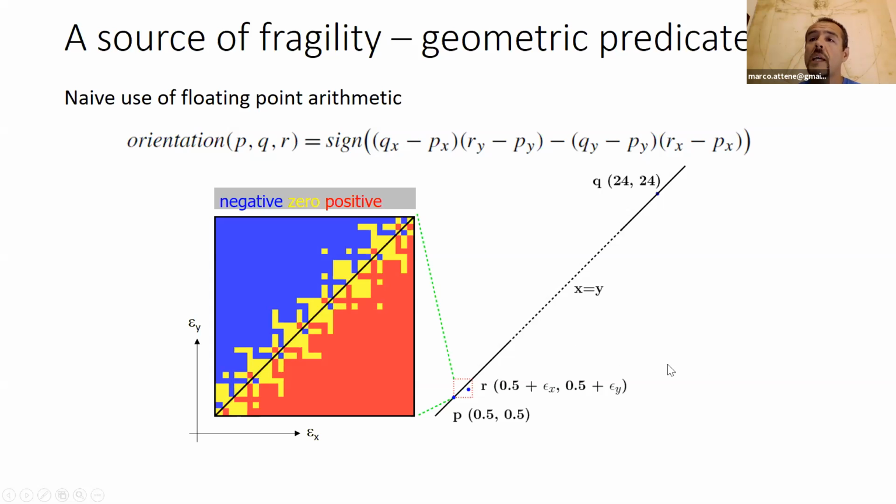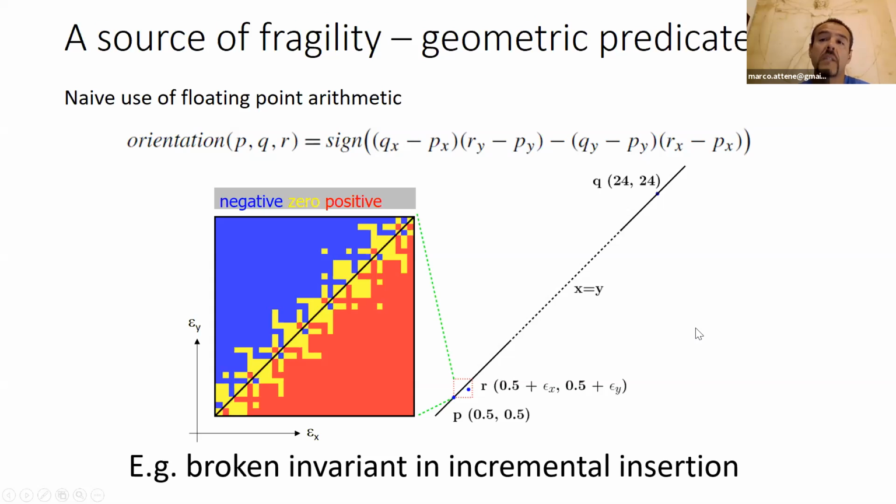And these wrong answers can easily break algorithmic invariants and hence lead to wrong results. But in the worst cases, these can even lead to infinite loops and program crashes.